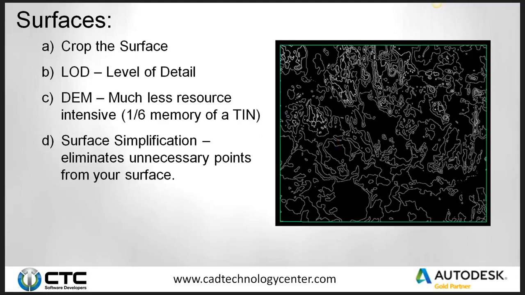But if I zoom into my 1 acre site, now because I'm in a much smaller area, and when I regen, I'm only regenning that area, it will show me every 1 foot, 5 foot contours. So depending on how big of an area I'm at will determine how much of the contours it will actually show. If I turn the level of detail off, it will show every 1 foot contour or whatever display setting I have it set at.